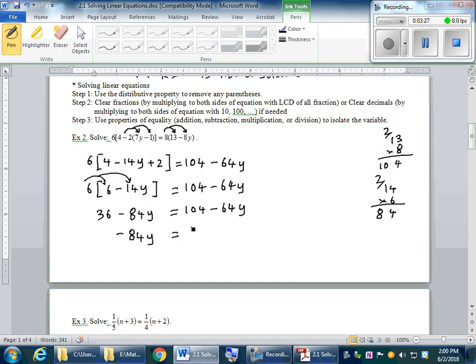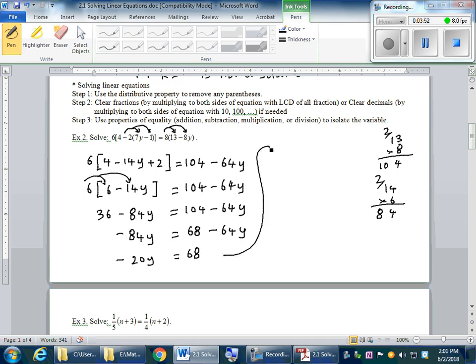That will give me 68 minus 64y. Now you add 64y to both sides. That will give me negative 84 plus 64, which gives me negative 20y.